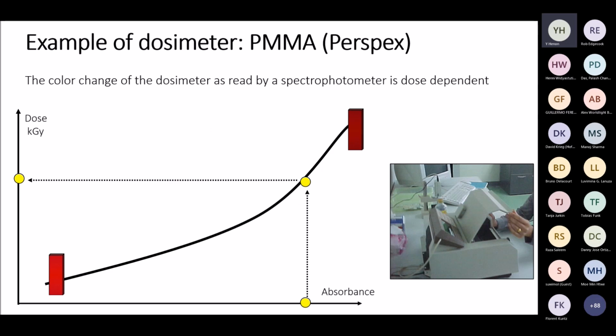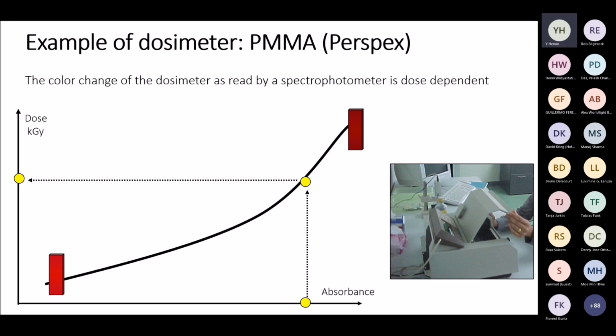This is one example of a dosimeter, a classic dosimeter. It's the Perspex dosimeter that is based on the change of color of a piece of polymethyl methacrylate. And so it's possible to measure the dose by measuring the change in color or absorbance with a spectrophotometer.